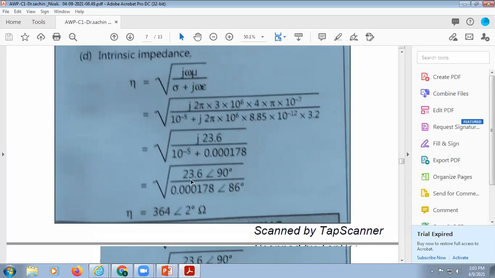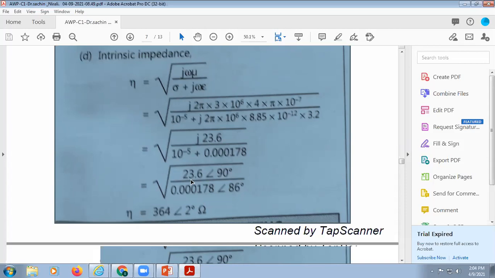Substitute the value of omega, mu and epsilon in the root, so j of 2 pi f, which is 3 into 10 to the power 6, then the mu value, 4 pi into 10 to the power minus 7, divided by the omega value and the epsilon value. These terms are imaginary, so you need to convert from rectangular to polar. The same form must be in the numerator as well as the denominator.